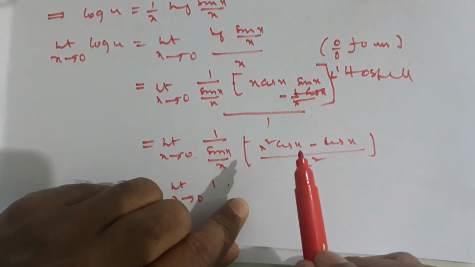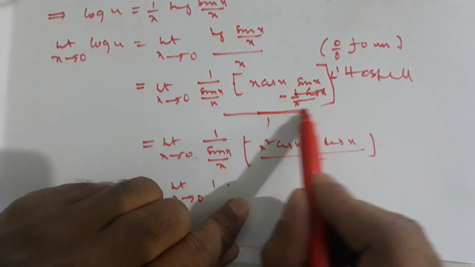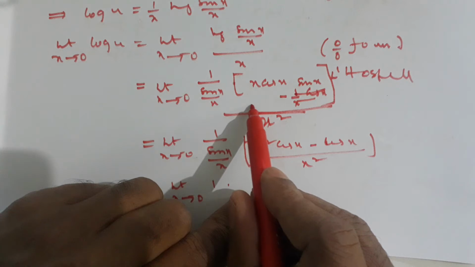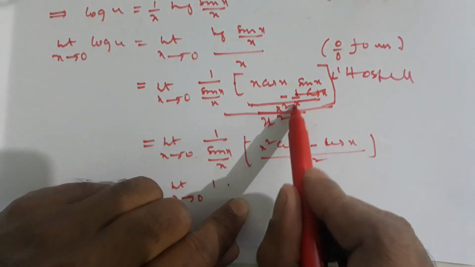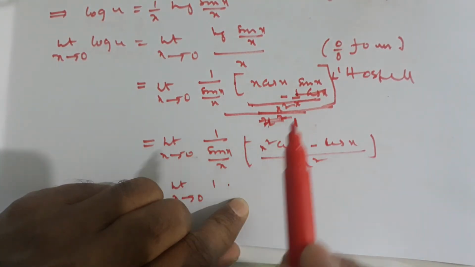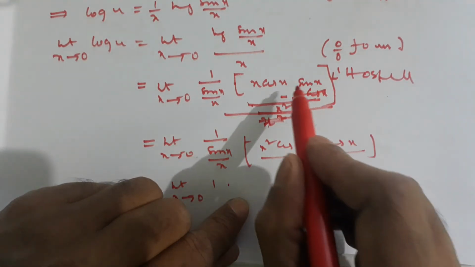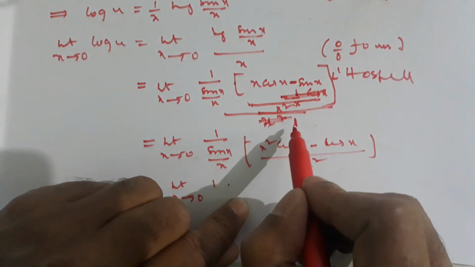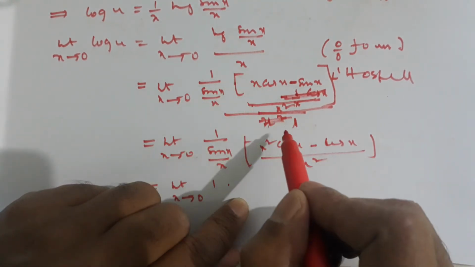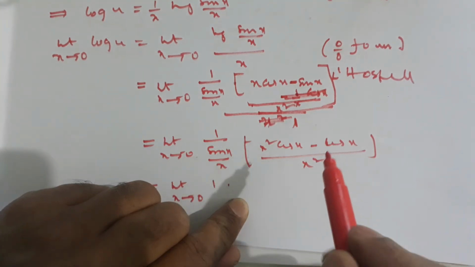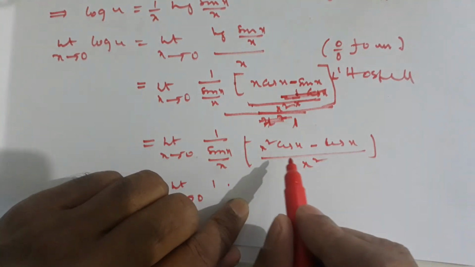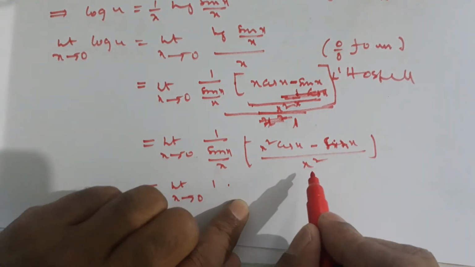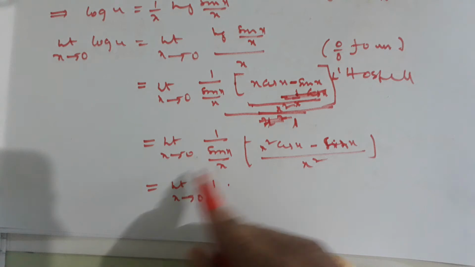Whole divided by x square, whose LCM is x square. The denominator's derivative is 1. So by the u by v method, this value is x cos x minus sin x divided by x square.